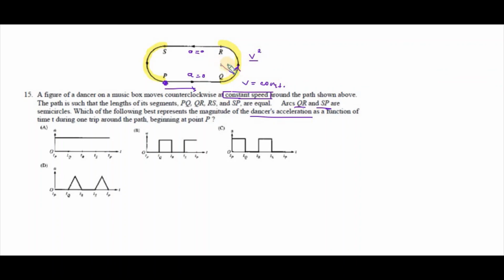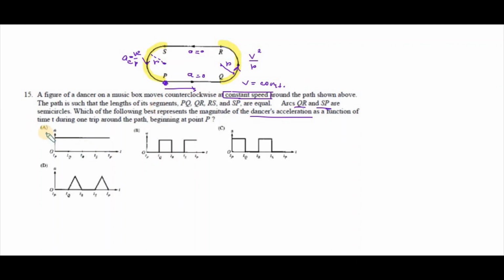Similarly from S to P, the radius of the section is also r, and since the speed is the same, there is the centripetal acceleration v squared by r radially inward throughout the path. That means QR and SP have acceleration, and PQ and RS have zero acceleration.